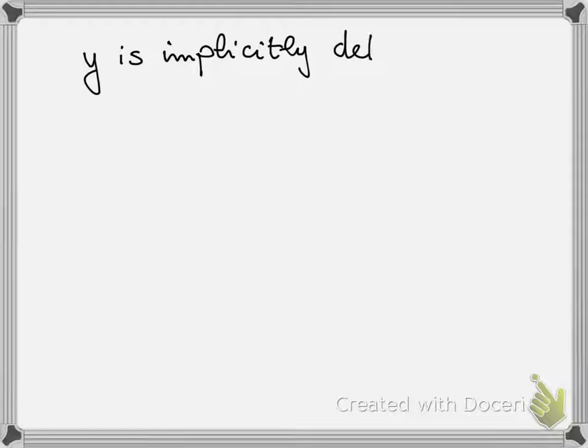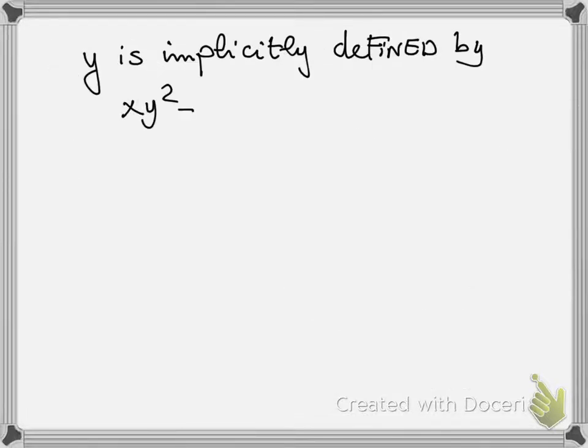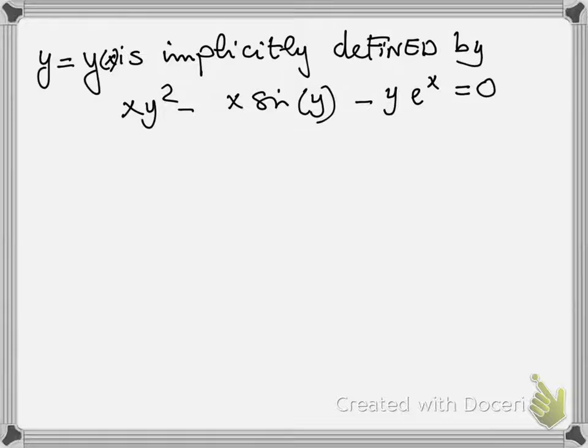So in the second case, we say that y is implicitly defined by the equation x y squared minus x sine of y minus y e to the x. Okay, so y, which is a function of x, is implicitly defined by this equation. We cannot solve for y, so we don't know the exact expression of y. However, we want to find y prime of x.